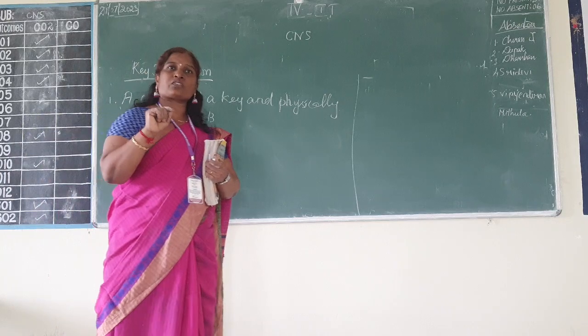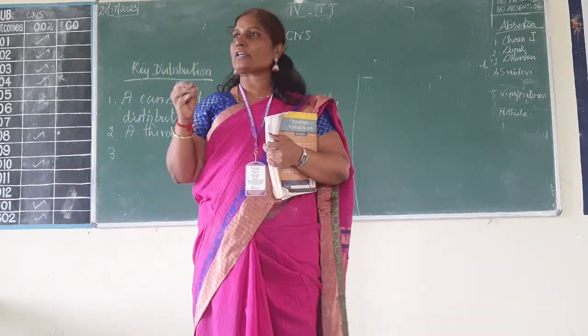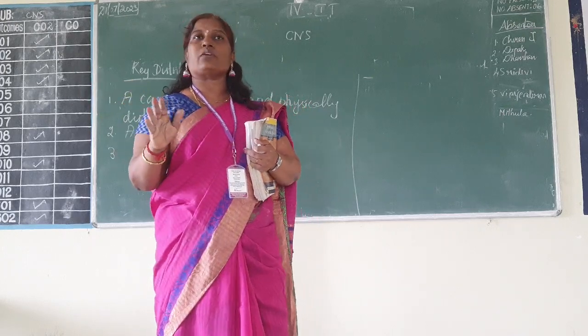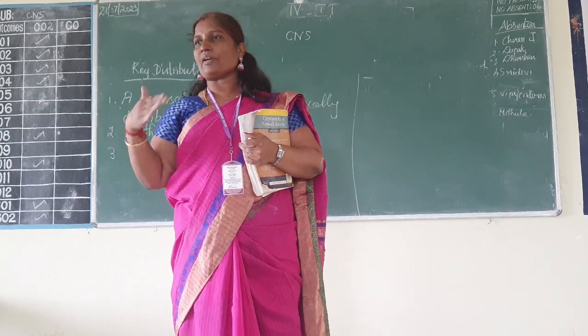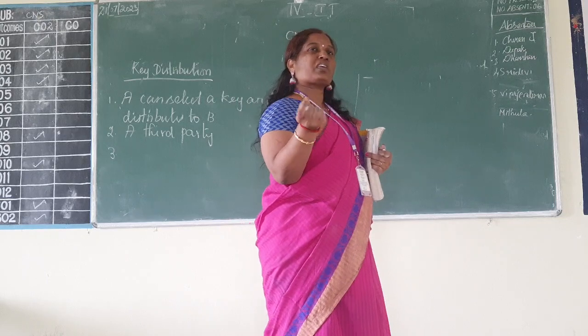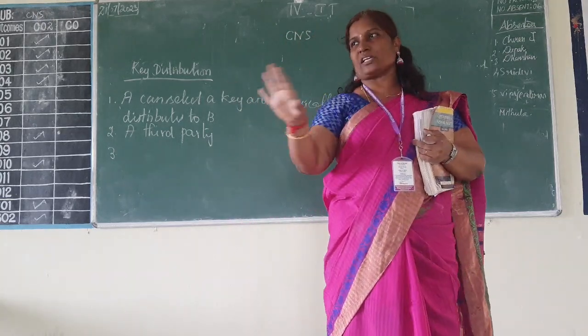The earlier case was they had an old key using which they encrypted their new key. That is any one party. There we did not involve a third party. Among A and B itself, either A or B will be creating a new key and using the old key they will encrypt it and send the key to the other party.